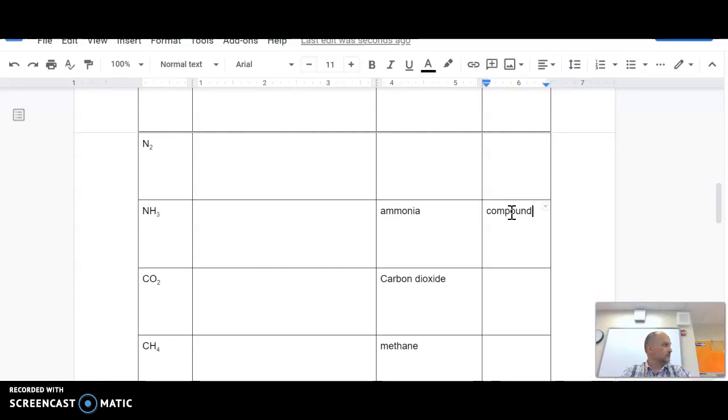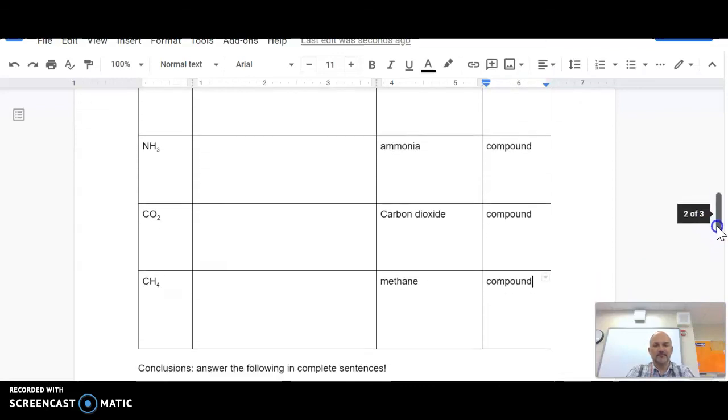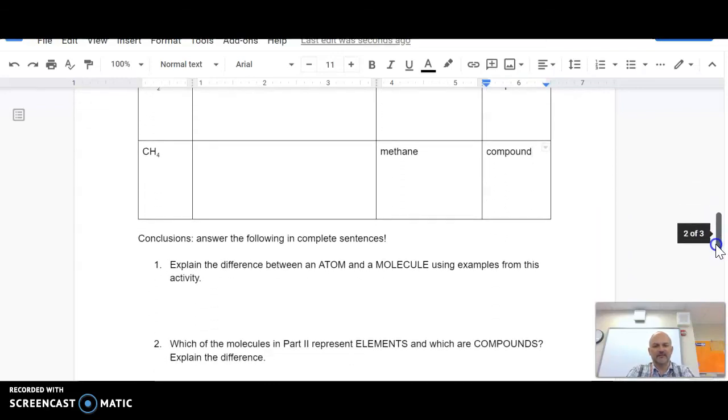Carbon dioxide, also, if we look at that model again, it's got black and red. It's got 2 colors, so it must also be a compound. And last but not least, our methane has black and 4 yellows, 2 different colors at least. So that's a compound. All right. So that gets you to fill out the rest of the table.